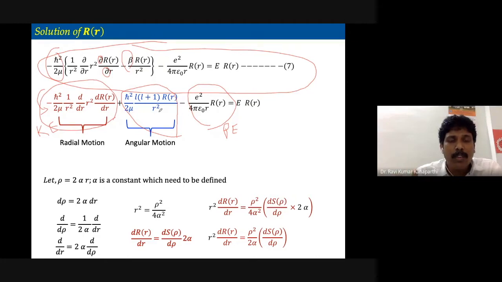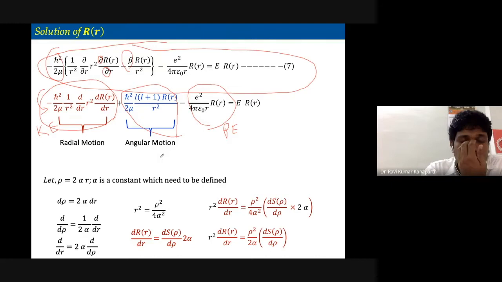It is h cross squared over 2 mu, l into l plus 1, divided by r square. So the way r square occurs, it's exactly like a potential energy, right? This is mainly because the radial motion is associated with the angular motion. So depending upon the situation, the angular momentum will be adjusted such that the hydrogen atom remains the same, right?